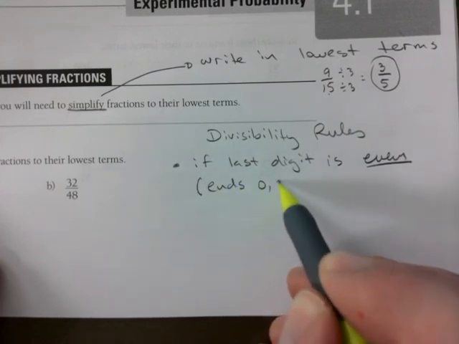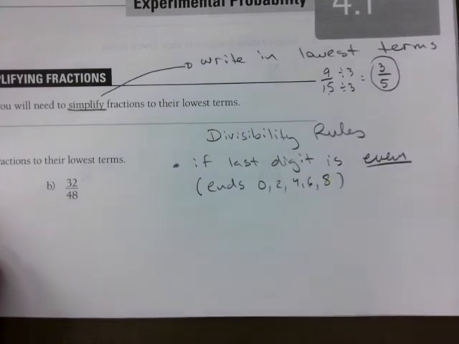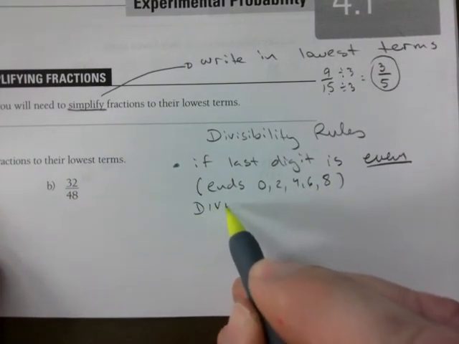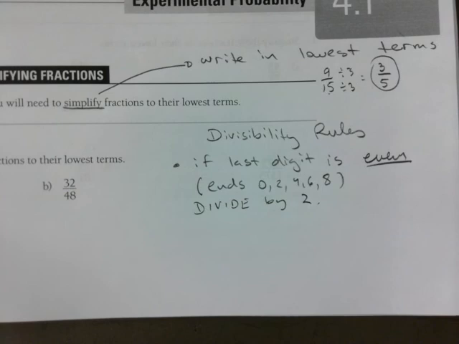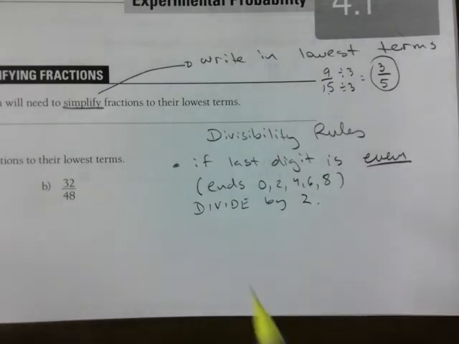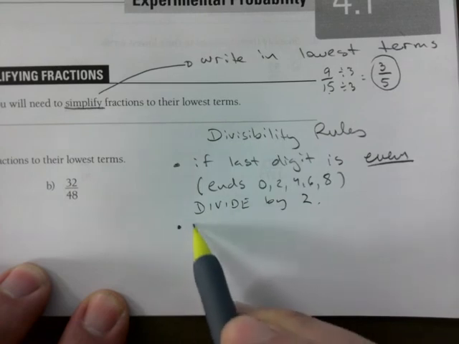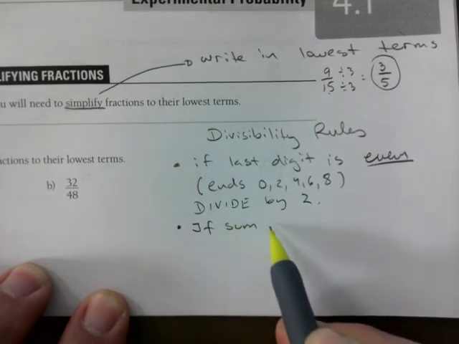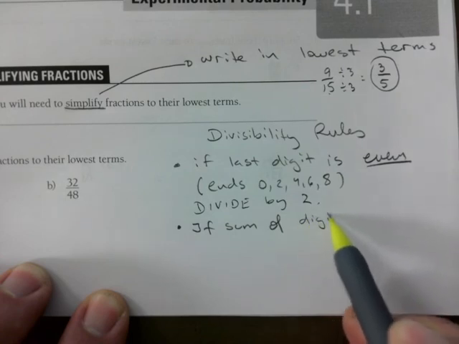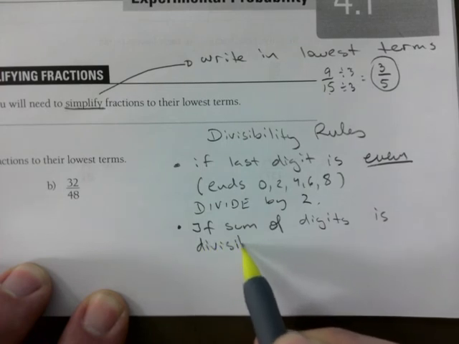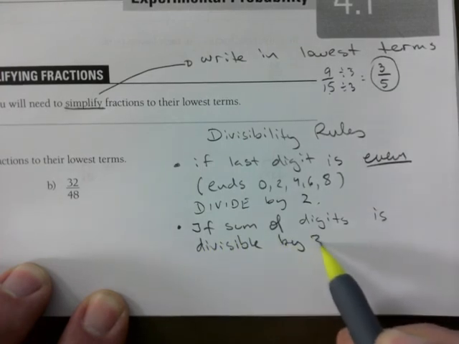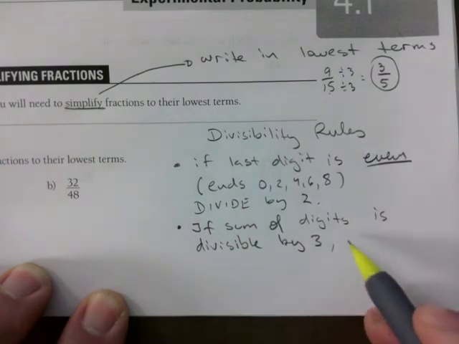If the number ends in 0, 2, 4, 6, or 8, we divide by 2, okay? And you can keep dividing by 2 until it stops, right? You can keep dividing by 2. If it's even, keep doing it, eventually you'll get there. The next rule is if sum of digits is divisible by 3, then divide by 3.